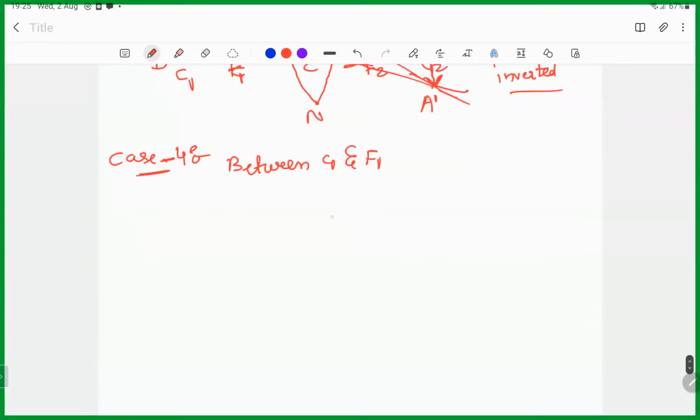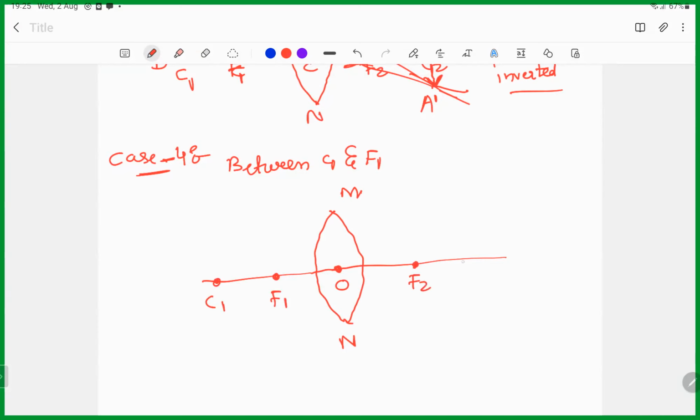So in this case, this will be M N. O is the optic center. This is F1. This is C1, F2, C2. Now the object is between C1 and F1. So what are the two rays we can consider here?